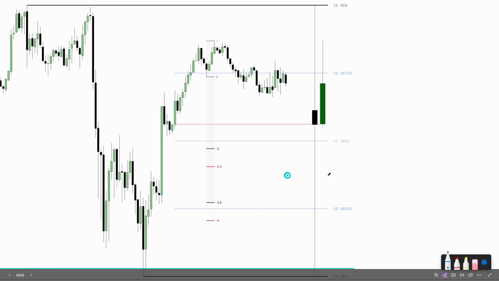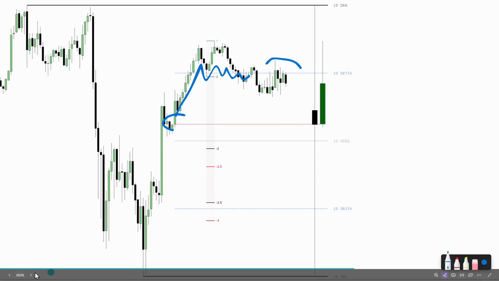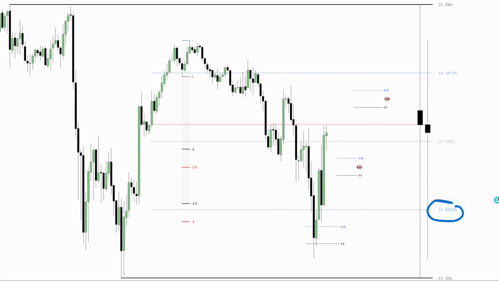Okay, other example. This is daily power of 3 or daily dealing range. This is the daily opening. This is Asia range and London and New York here. Okay. Price moves to the deep discount here, 25. Okay.